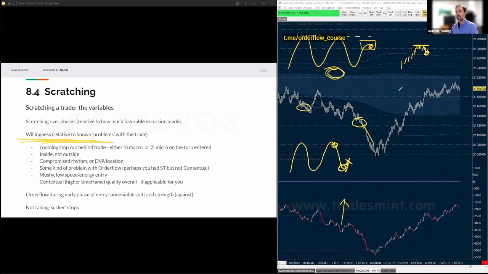If we are rotational and we push up to an upper extreme, that's not a place to be getting long. And if we do, and there will be some situations where we do, just as we put all the pieces together, and DVA is a loose framework, a signpost for us. We're not always going to have it. What I'm saying is if you're making that kind of compromise, which I'm saying we will, your willingness to scratch has to go up.